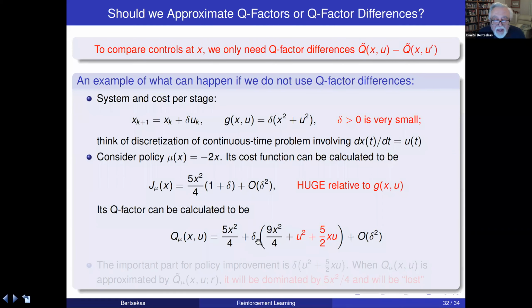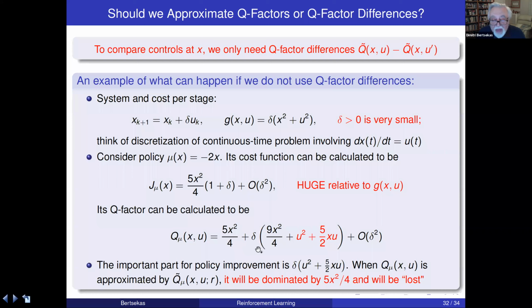But what's significant here is that the terms that involve U are multiplied by delta, and they are insignificant relative to the terms involving X. So the important part from the point of view of policy improvement, remember that we minimize this expression here. Suppose we try to improve mu through our rollout, we use mu as a base policy, and we minimize here. That's fine if we use the exact calculation.